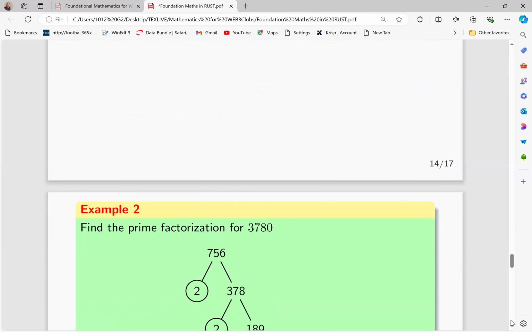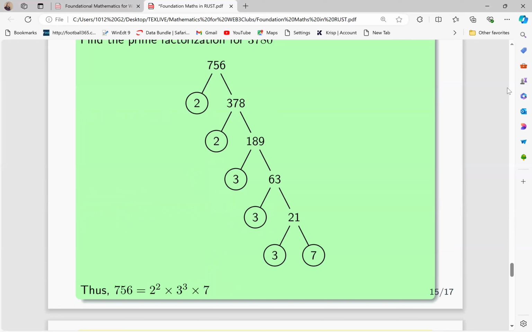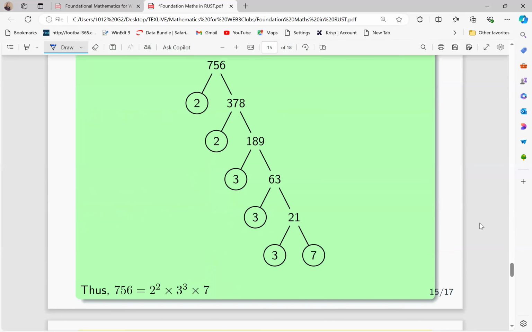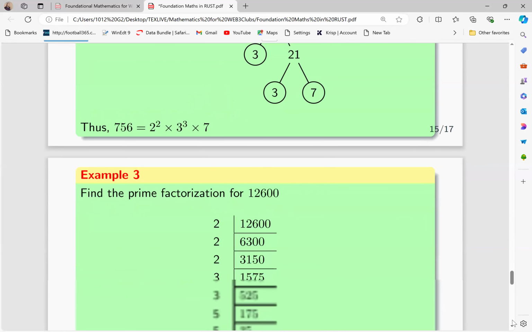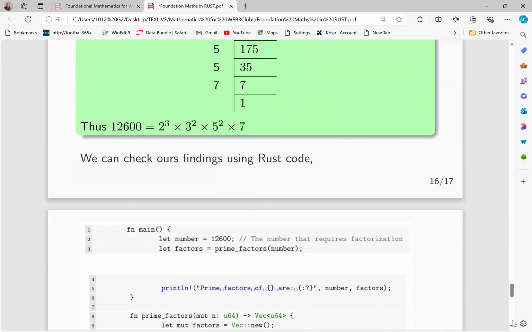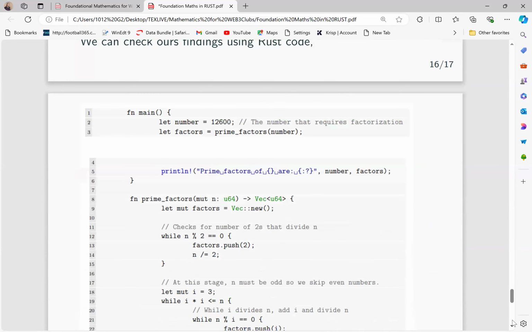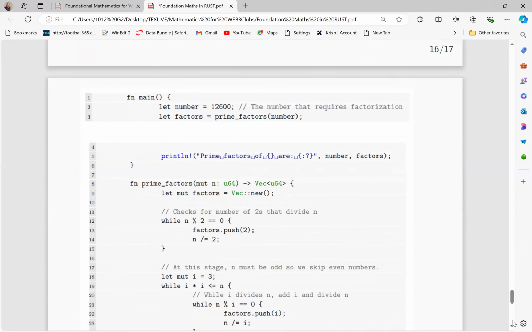I just want to show how to factorize prime numbers. Of course, we factorized this way, but we can use an algorithm. We can even factorize very huge prime numbers. This is the algorithm. I just want to run that one, but next time we begin from there.